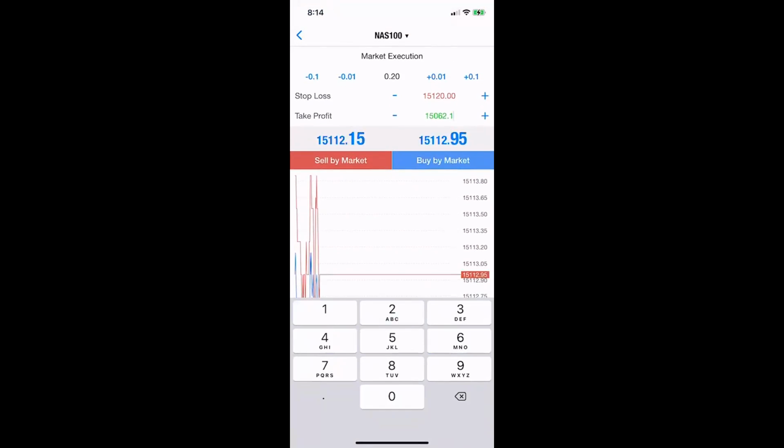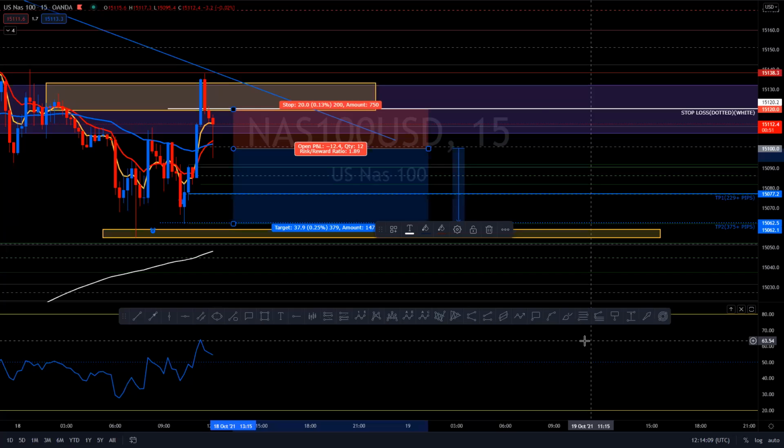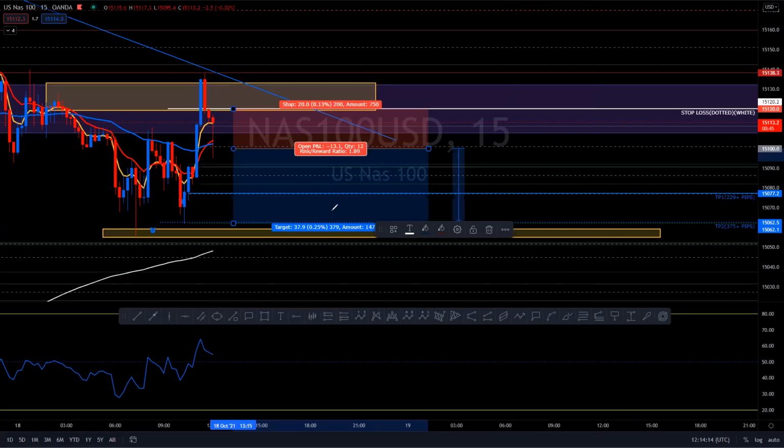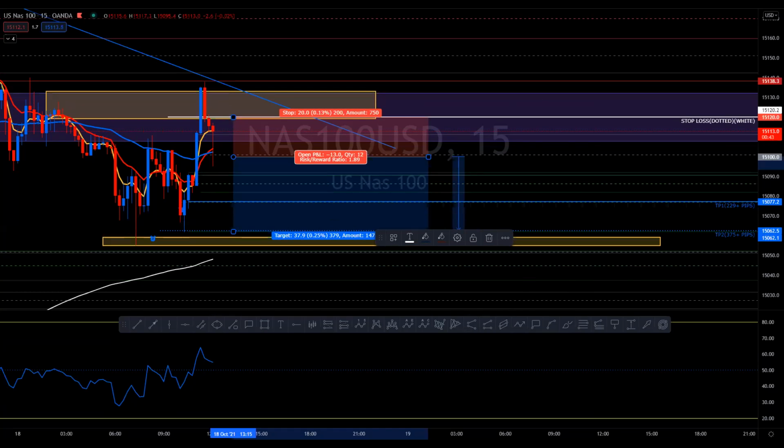So then basically I'm going to just leave that on my phone since it's pasted in. So that way it'll be ready when those EMAs cross. So we're going to see the next candle close in about 40 seconds. So we'll see what it does. So be right back.